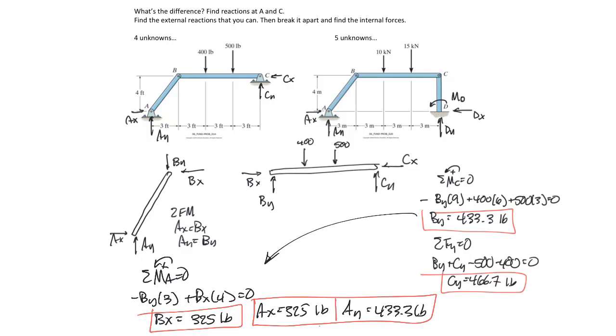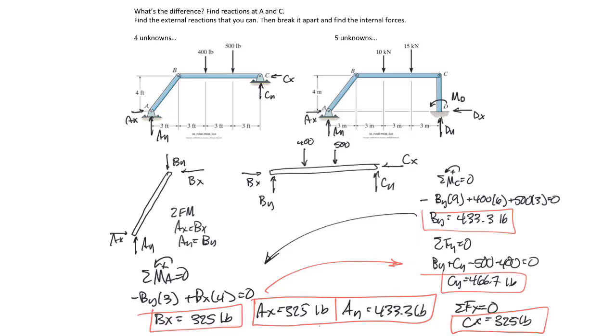Once I find BX, I can plug that back in over here and do the sum of the forces in the x. And just looking at this situation, once I have BX, I should be able to solve CX. And CX is equal to 325.